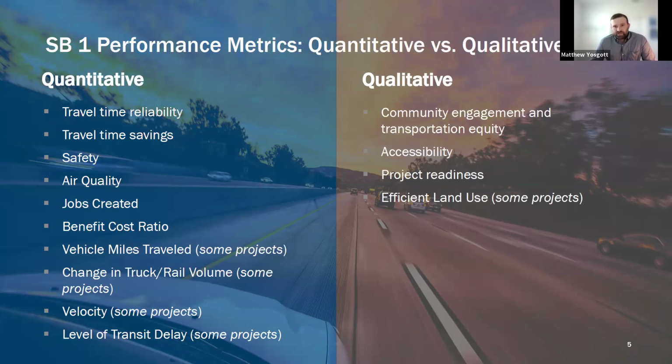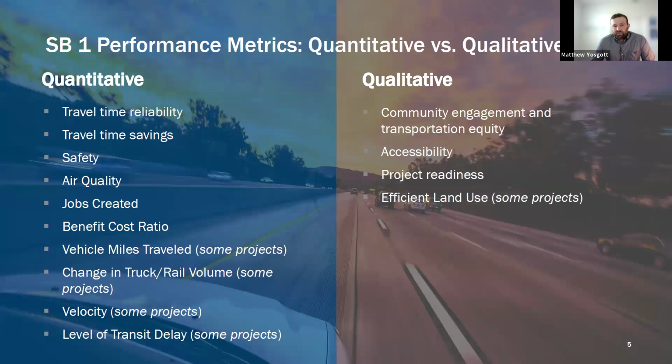The quantitative metrics you can see on the left side of your screen, a couple that I can call out: travel time savings, safety improvements, air quality improvements, jobs created, benefit cost ratio. We do require vehicle miles traveled metrics in our Solutions for Congested Corridors program and local partnership program. But these are the quantifiable metrics that we understand applicants will use tools or methodologies to quantify how they expect their project to deliver improvements over time.